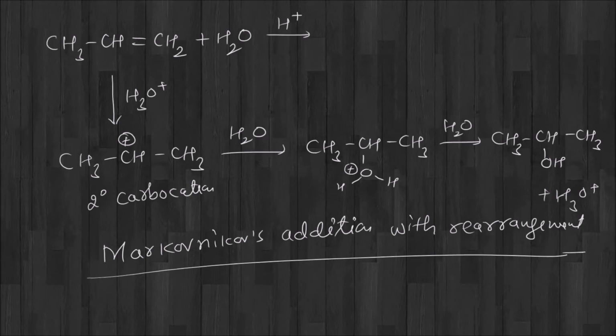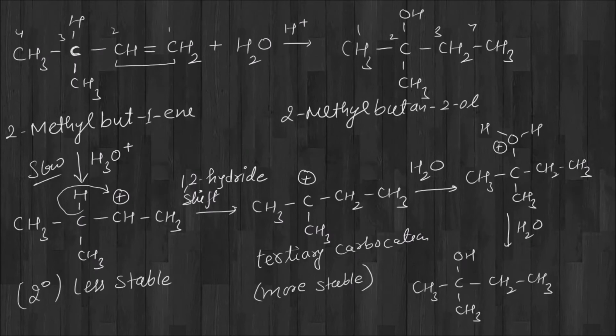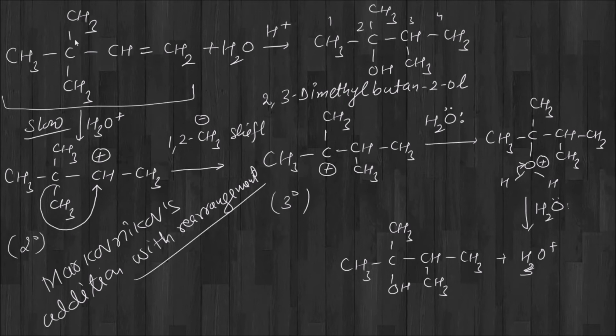In a simple way it can be explained like this: we have propene, addition of water. In this case there is no rearrangement. Why? Because in this case the double bond is attached to a primary carbon, but here the double bond is attached to a tertiary carbon, or in this case the double bond is attached to a quaternary carbon.